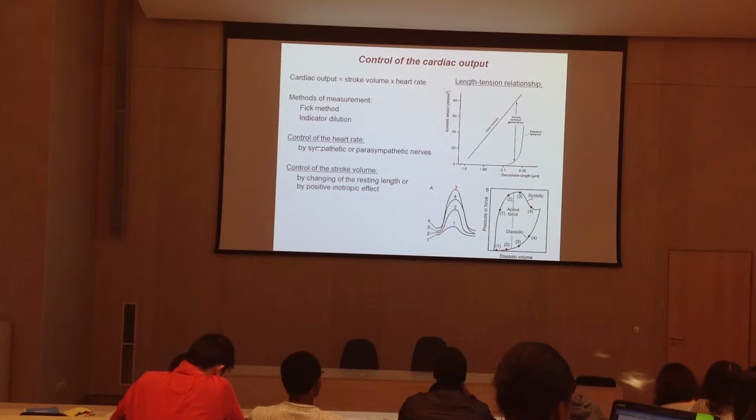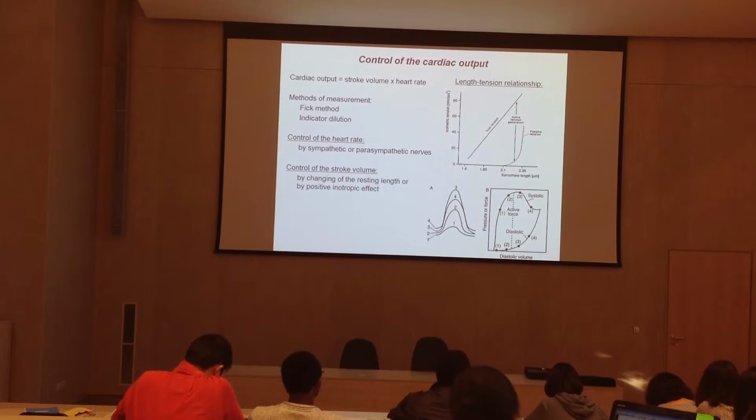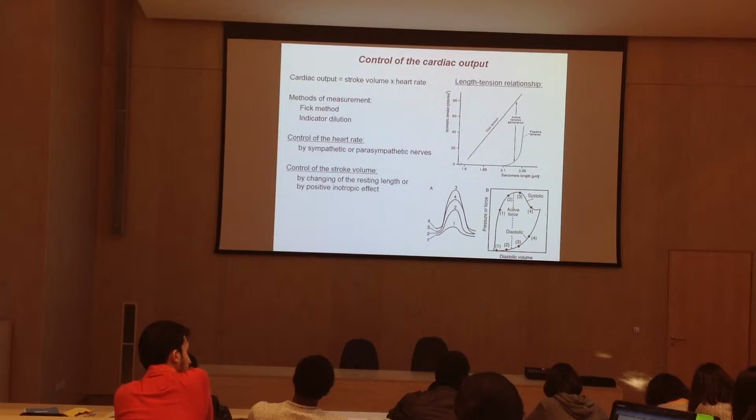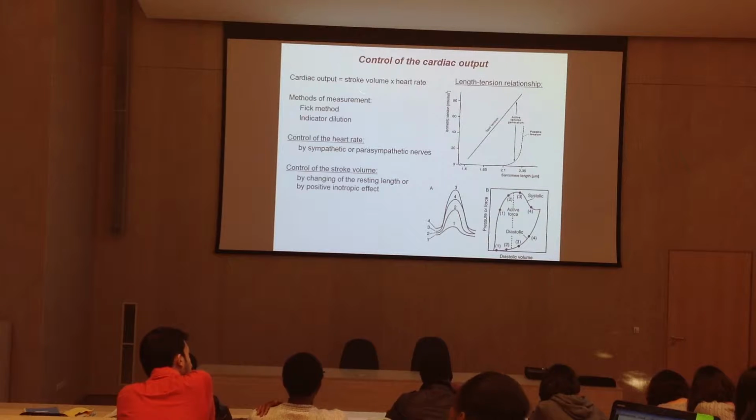But if the sympathetic fibers are stimulated and the heart rate instead of 70 will be 140 times in a minute, 2 times higher, if the stroke volume doesn't change, the cardiac output will be 2 times larger. Okay? So a simple linear relationship between these things.